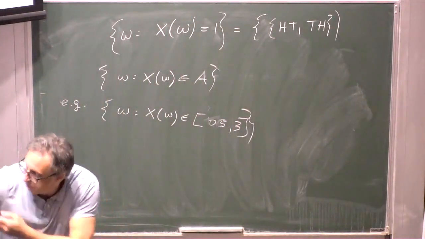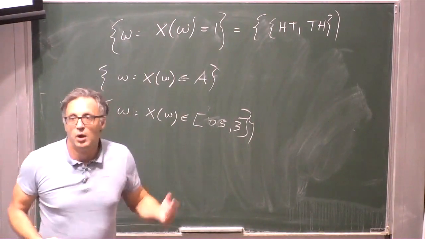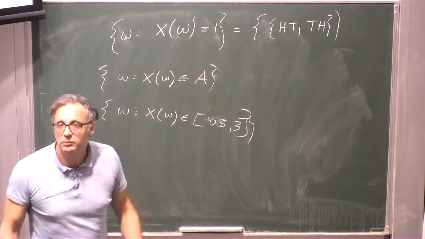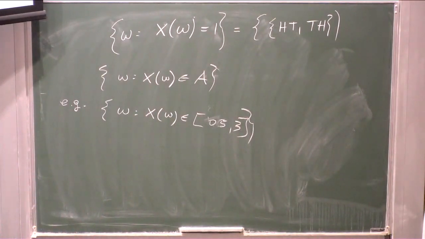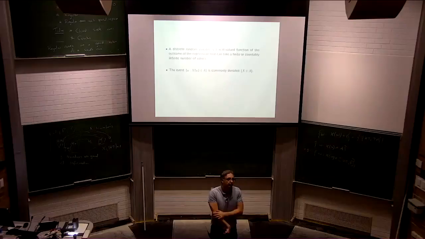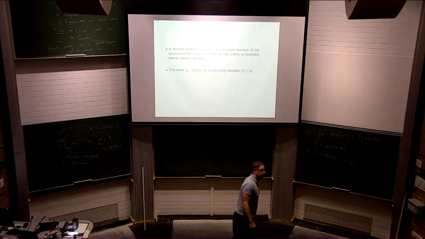In this example, what is this? It's going to be a subset of capital omega. Which one is it?